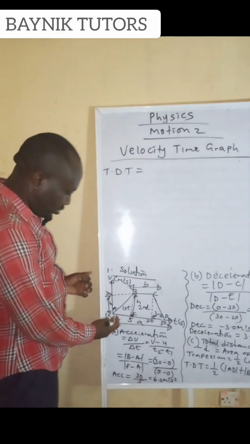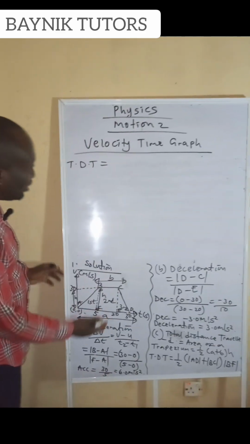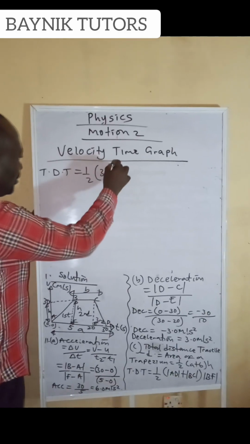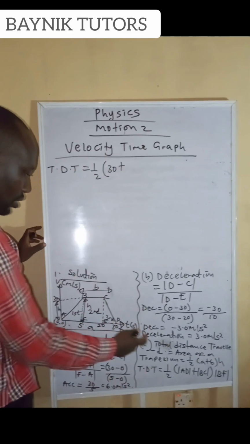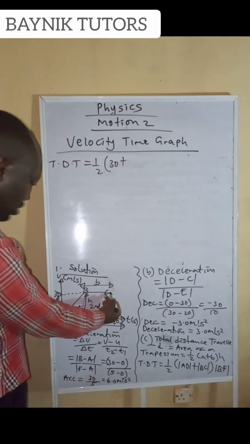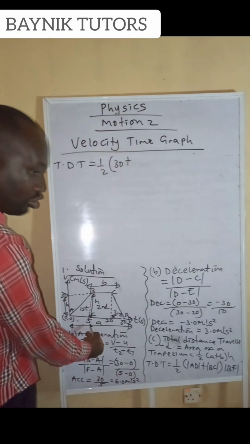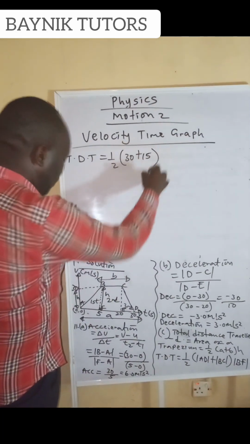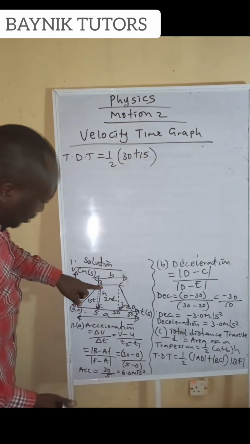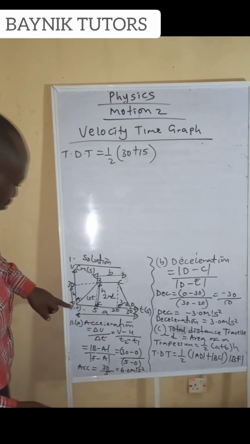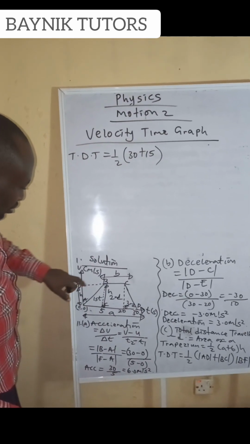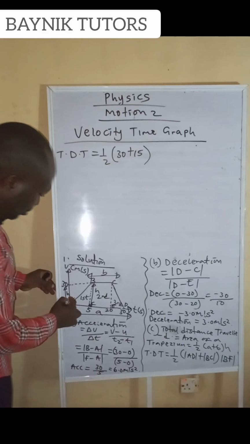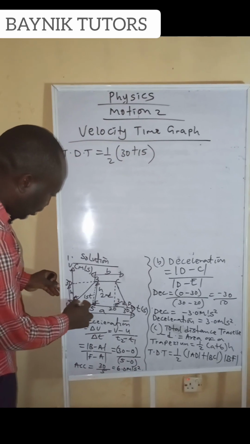Our AD is 30 seconds. So we'll say half, open bracket, 30 plus, that's AD, our BC, between 5 to 20. We subtract 5 seconds from 20 seconds, that's 15. Then our height is BF, which is the same thing as 0 to 30. Even you can use CE, still the same thing as 0 to 30. So take note of that.